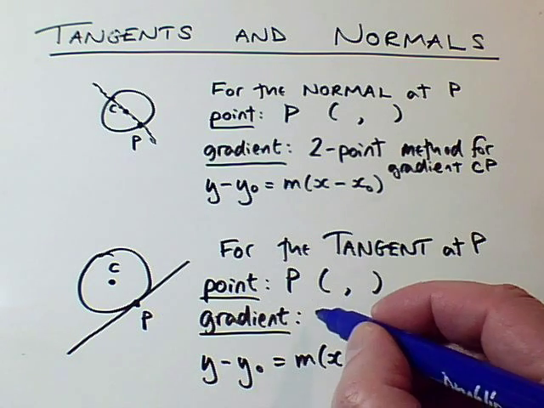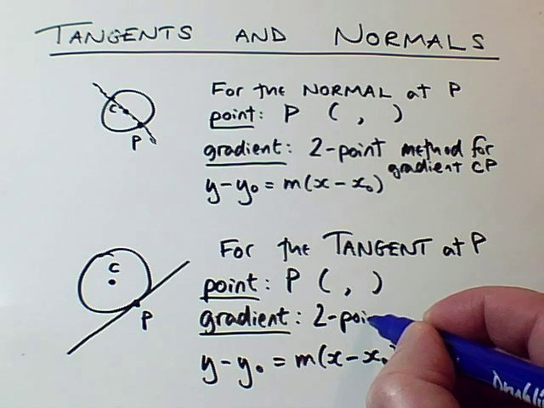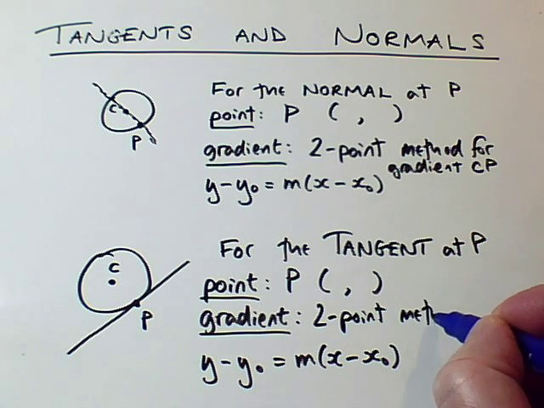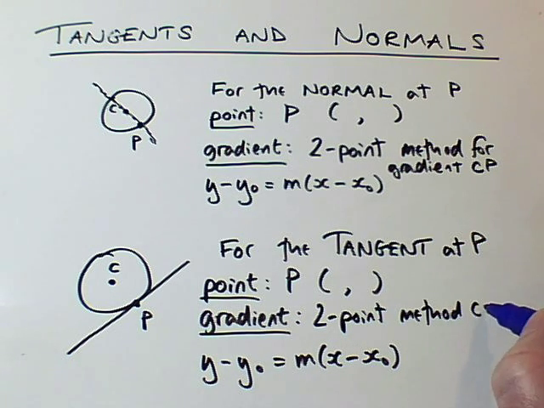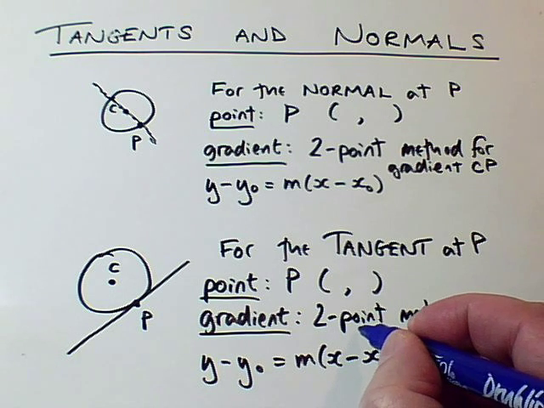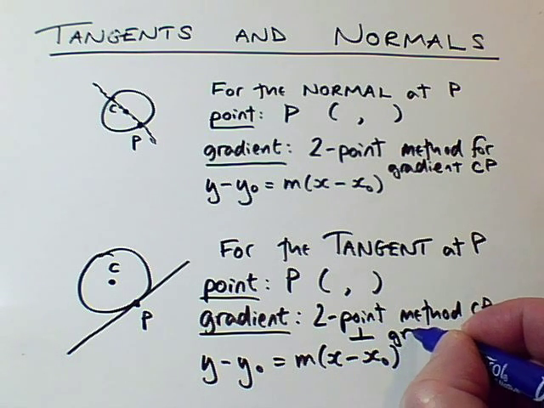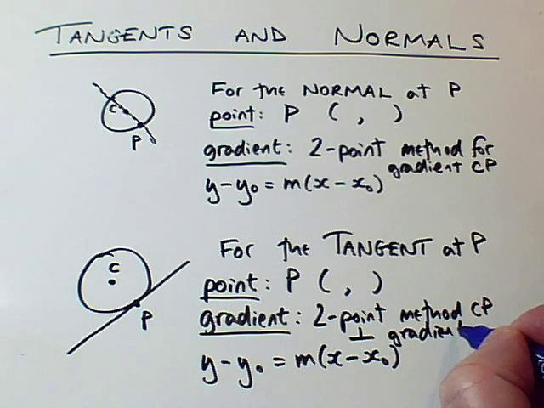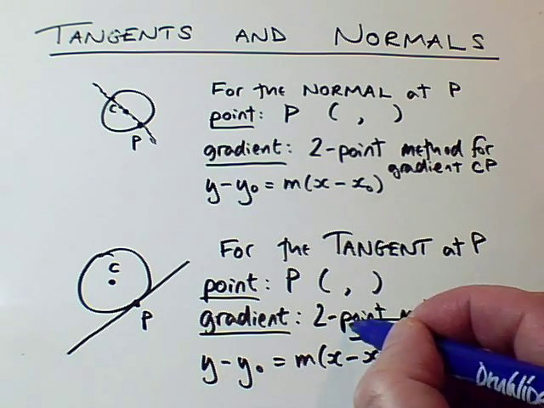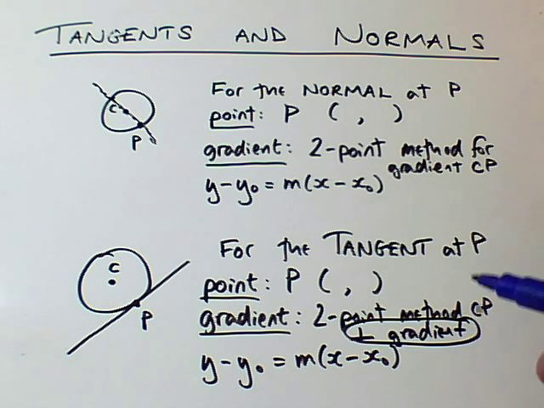The first thing I'm going to do as before is the 2-point method to get the gradient of CP, and then I'm going to use the perpendicular gradient using the method of the negative reciprocal. So I've got one more step in the process to work out the perpendicular gradient, but otherwise it's a similar method to the normal.